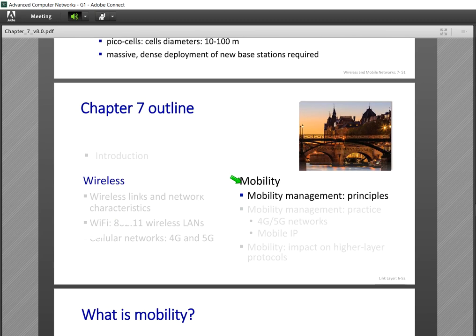Inshallah, in the next lectures we will talk about mobility, and we will show how we can control a user on a mobile cell phone, or in a mobile IP environment. It's very important how we can handle those mobilities in wireless networks.